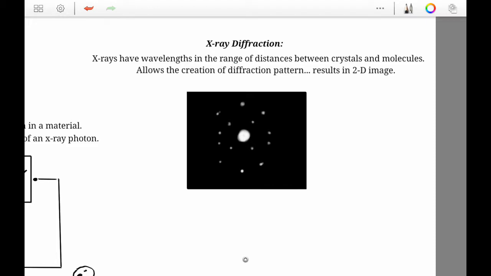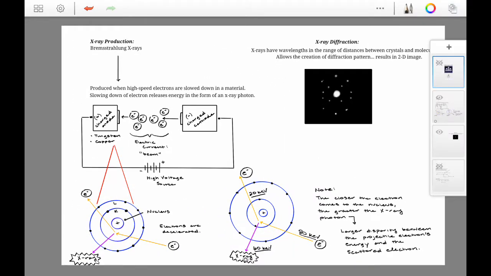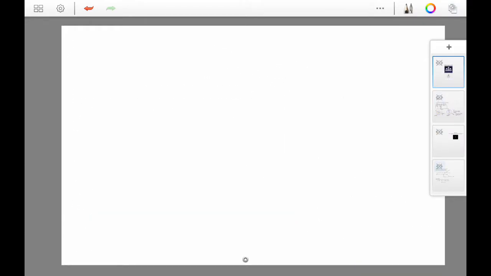These X-rays have small wavelengths, small enough to be in the range of the distances between crystals and molecules. So X-rays are capable of creating a diffraction pattern that results in a 2D image, as you can see below.